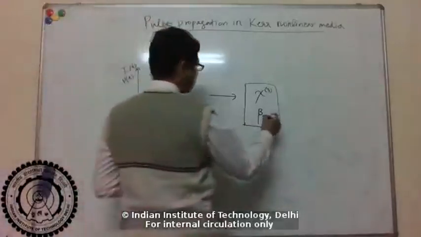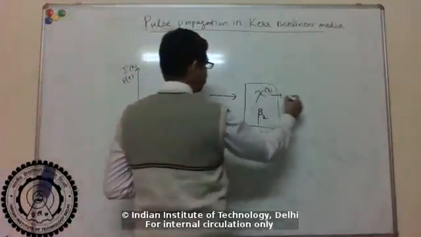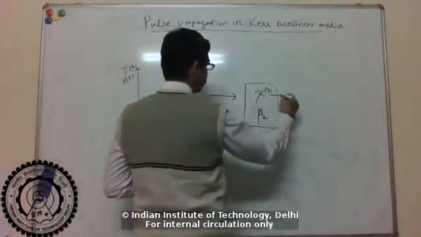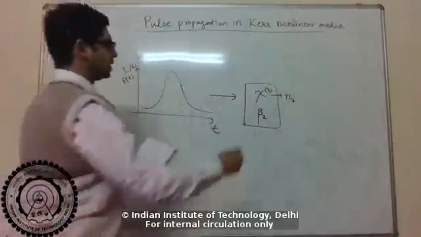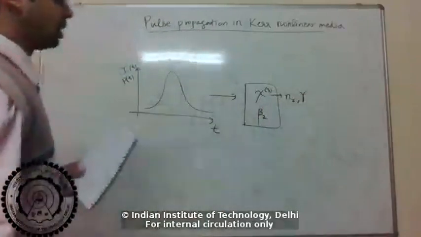So this medium will be characterized by some dispersion properties and some nonlinear properties: chi3, or equivalently the nonlinear refractive index n2, or equivalently this effective nonlinearity gamma.